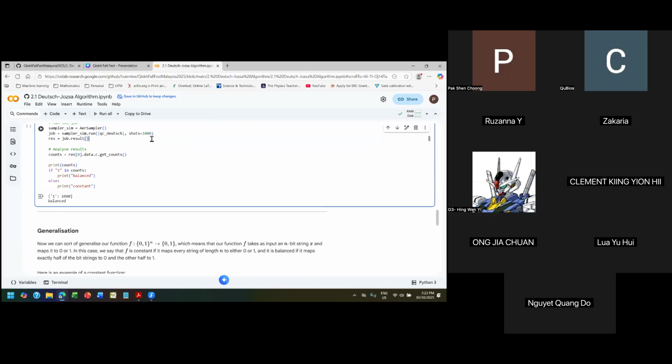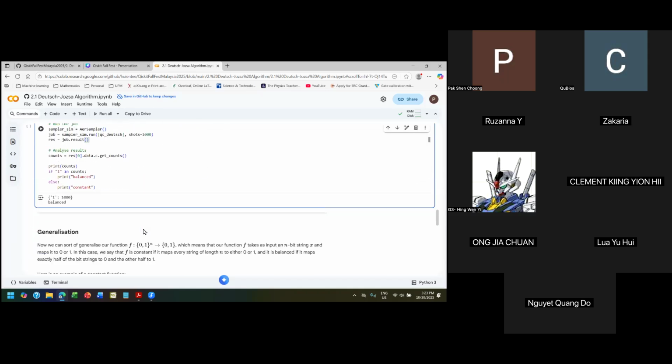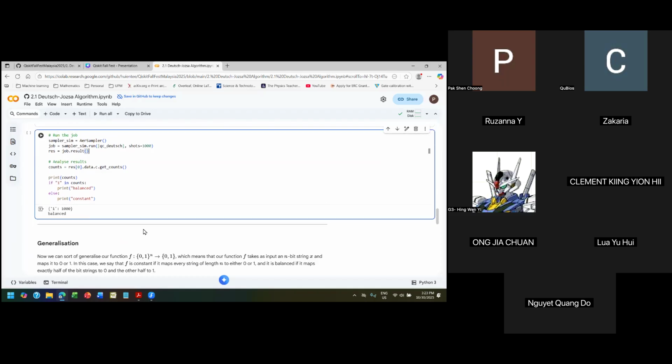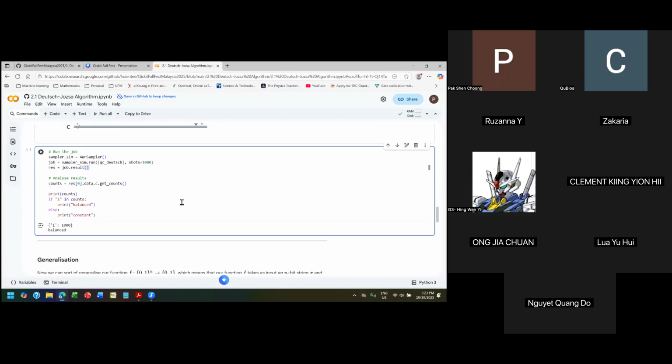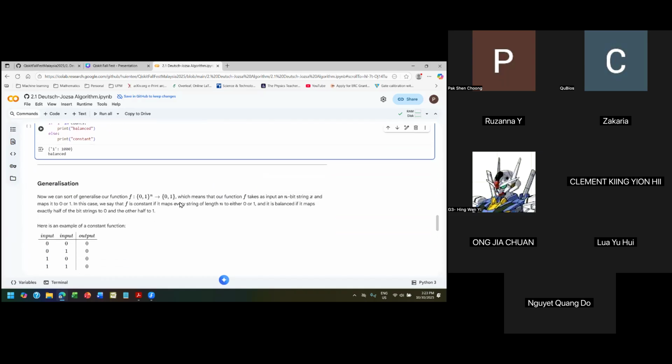But if you modify it here, you should get a different value. So for this CX gate oracle, it's a balanced function. Okay, any questions? So basically, this is how you implement the Deutsch algorithm in Qiskit. No? Okay. So this is an example provided here.